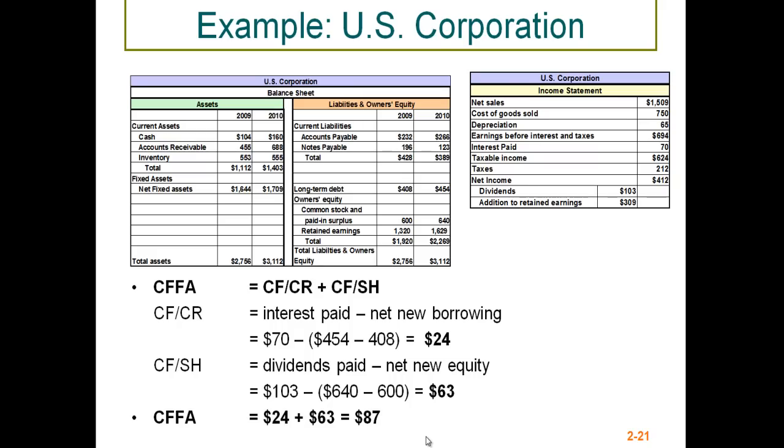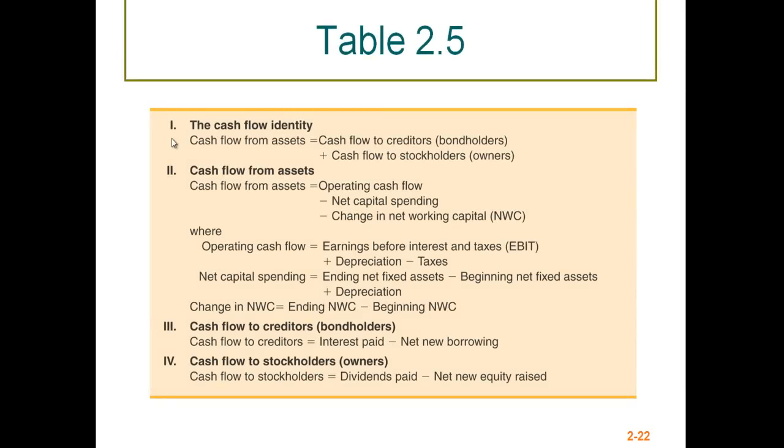So again, notice that we get the same number whether we use the first formula or we use the second formula, and you should get the same answer. They come from the same place, they're derived similarly. A nice little table to summarize this is that cash flow from assets equals cash flow to creditors plus cash flow to stockholders.